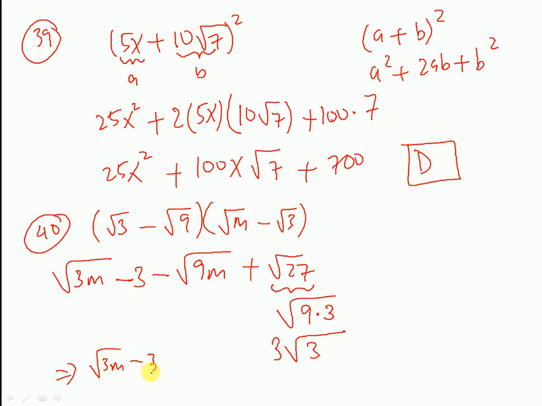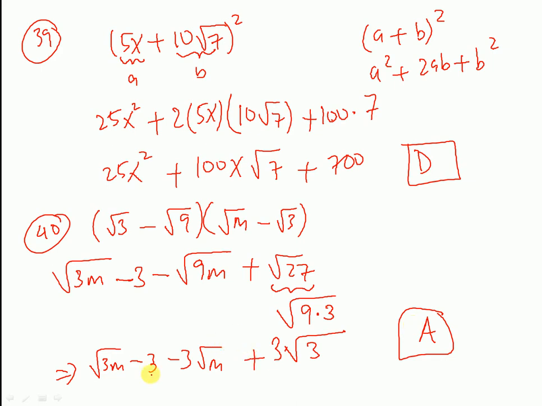Minus 3, square root of 9 brought to the outside is 3, m on the inside, and the last one is here, so we just add it with this one, and this looks like the answer is A.